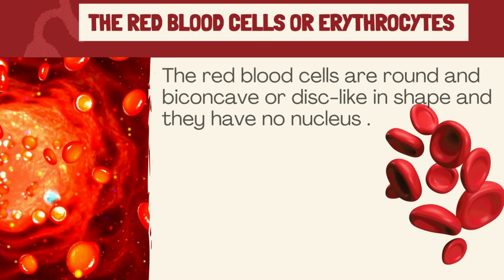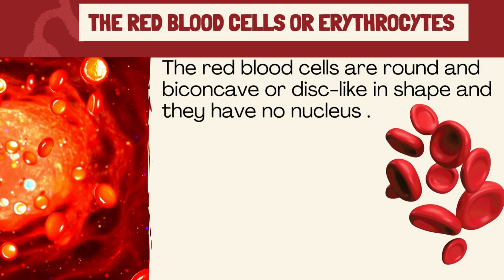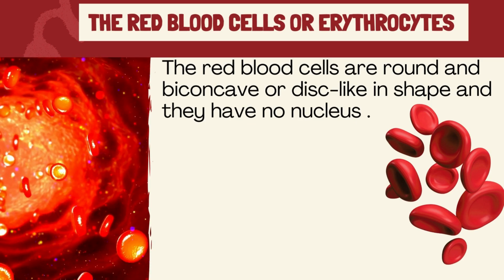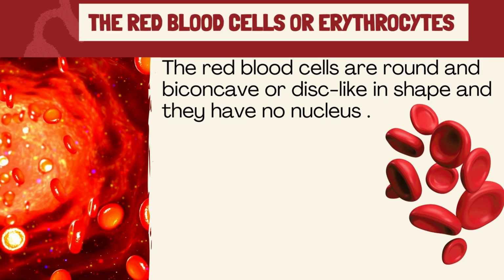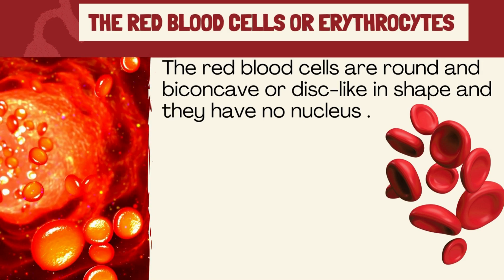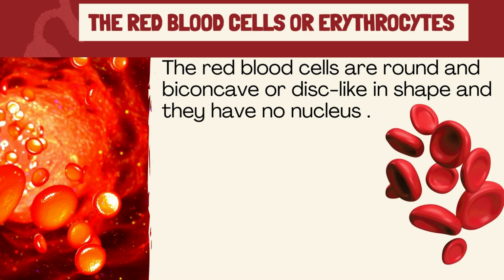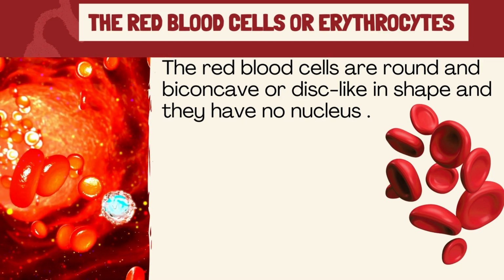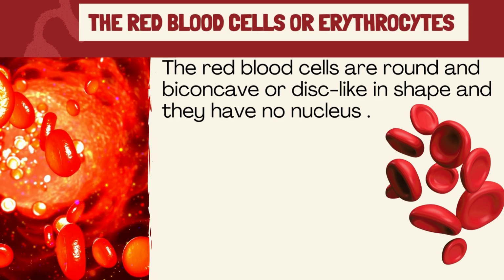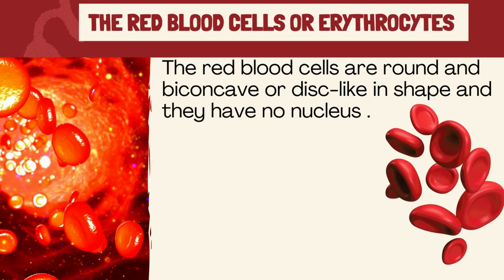The red blood cell or erythrocyte. The red blood cells, also called erythrocytes, are small, round, and biconcave or disc-like in shape. They have no nucleus, and 1 cubic millimeter of blood has about 5.2 million red blood cells.